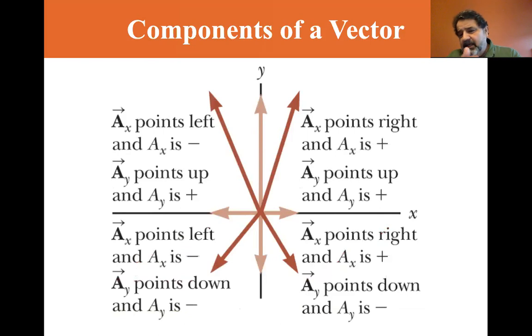Okay, and here's exactly what I'm talking about. If both AX and AY are positive, then you're in the first quadrant. That upper right-hand quadrant is the first quadrant.